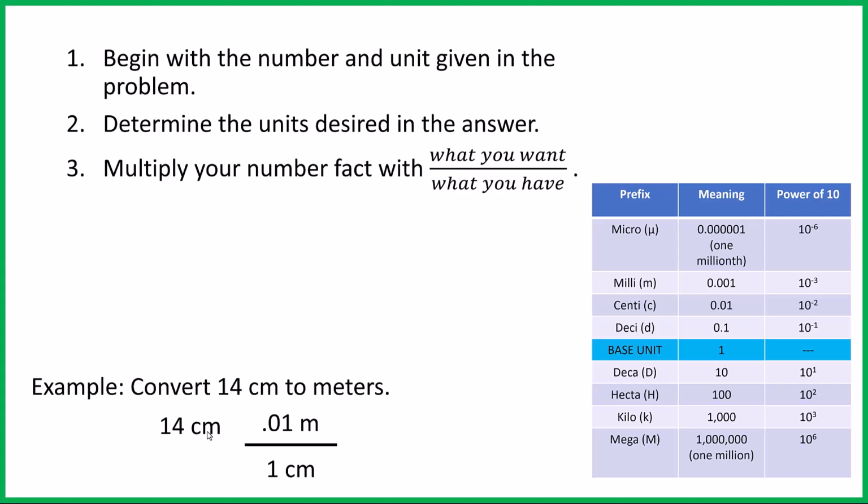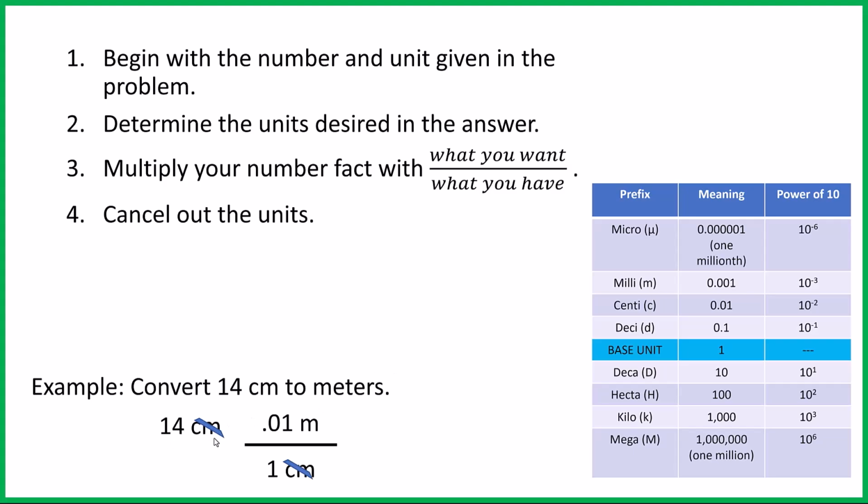So if we're starting with 14 centimeters, we're going to put centimeters on the bottom, and 1 centimeter is equal to 0.01 meters. So we're going to say 1 centimeter on the bottom, since that's the unit we already have, and our desired units are meters, so 0.01 meters on the top. And we're going to cancel out those units.